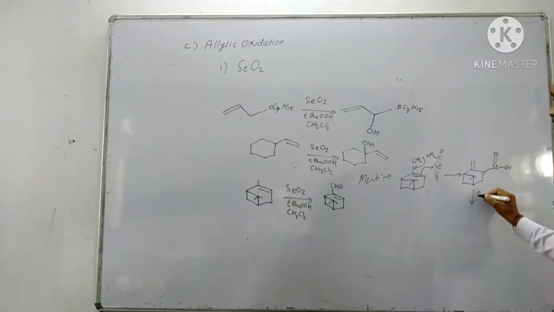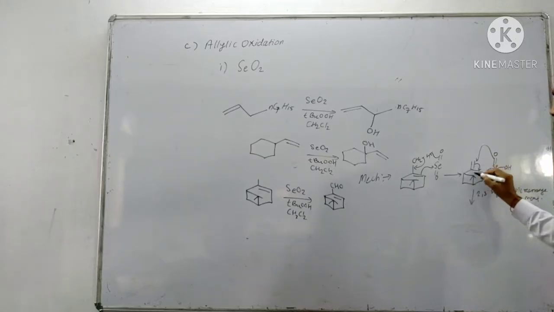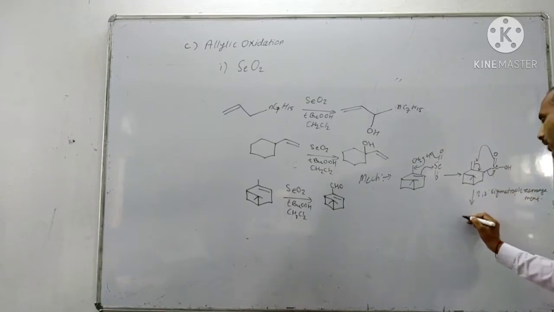Now here is the 2,3 sigmatropic rearrangement, like this. Here the oxygen attacks here, there is shifting of the double bond here to form the double bond, and selenium carbon bond breaking takes place.